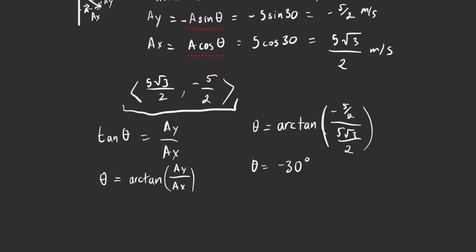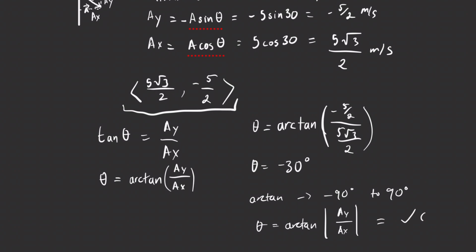And the reason why it is negative in this case is because the range of arctan is from negative 90 degrees to 90 degrees. So because of this, we have to modify our formula to take the absolute value of ay and ax instead of just solving it normally. So any negative values that appear are going to go away. And with this, you'll always get a positive number.